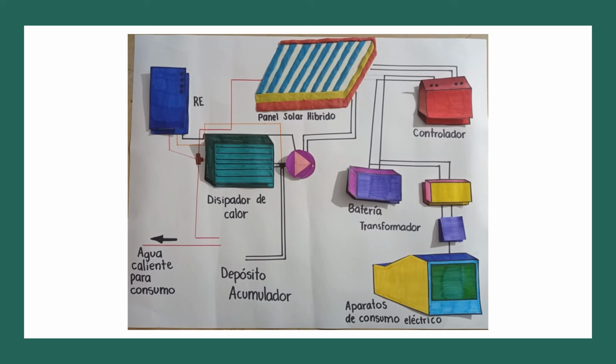The fundamental advantage of this system compared to energy production through separate photovoltaic and thermal systems lies in the reduction of the physical space required, as well as the possibility of using common support structures. Currently, there are several prototypes.